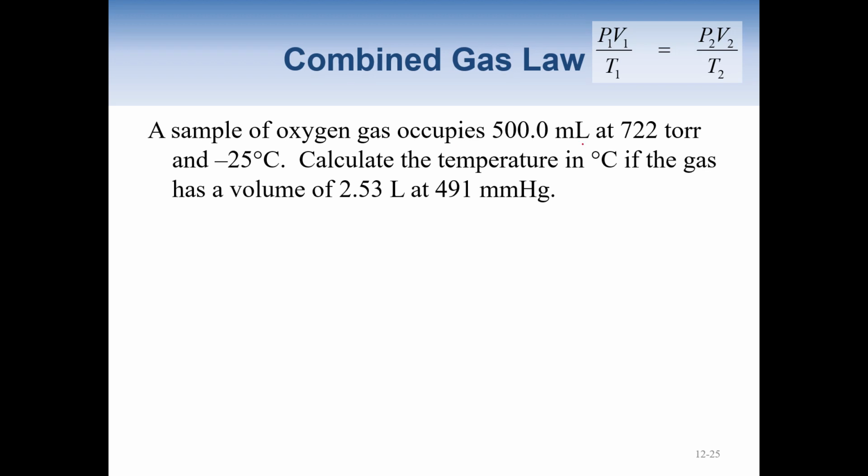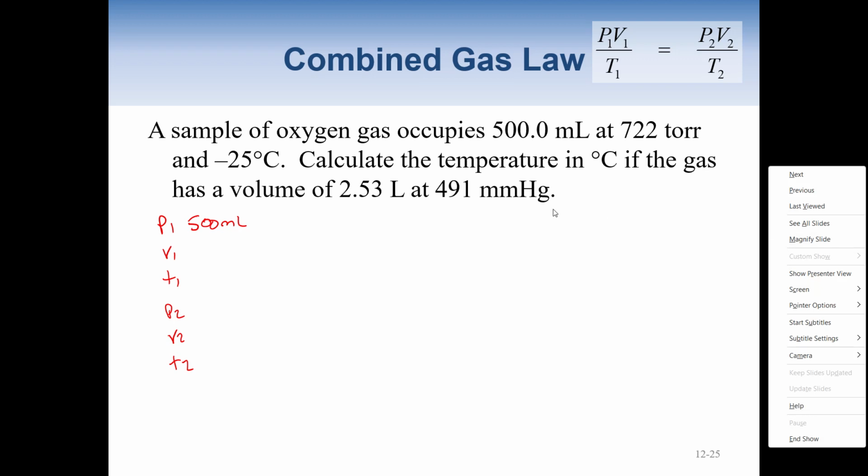So we're starting with 500 mils at 722 torr and 25 degrees Celsius. And to make this easier for us to figure out, I'm just going to write the variables here. P1, V1, T1, P2, V2, T2. Sorry, let me erase that.